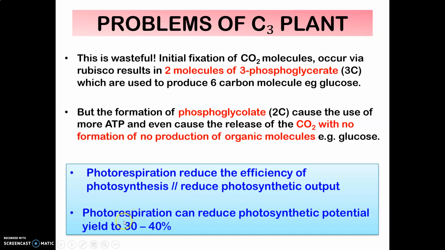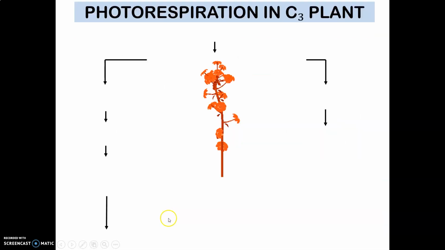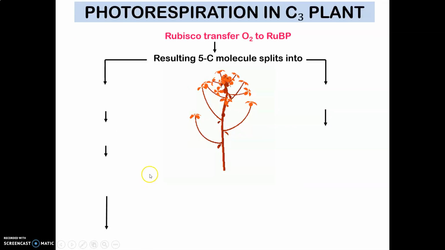Dia memang mengurangkan the photosynthetic yield by 30 to 40%. Rugi, okay. If let's say lah kita ada 100% of glucose yang dihasilkan, bila ada photorespiration hanya 60 ke 70% glucose saja yang dihasilkan. Plus ATP digunakan dan rugilah buang masa. Okay? Ini yang berlaku dekat C3 plant.